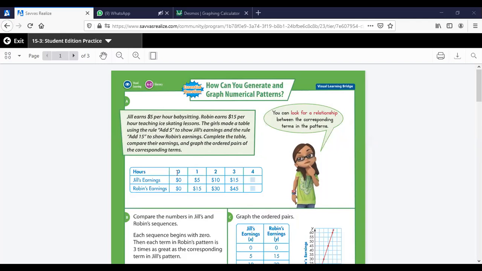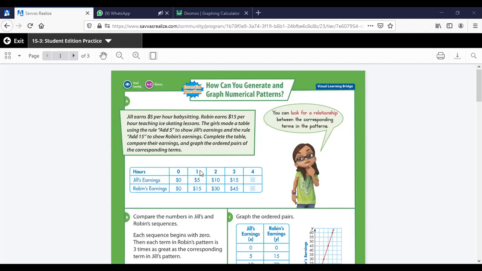Okay, let's see. We have two persons, Jill and Robin. Now Jill, each hour she takes what? $5. And Robin, each hour he will take what? $15. When we start the table at 0 time, both of them have zeros.